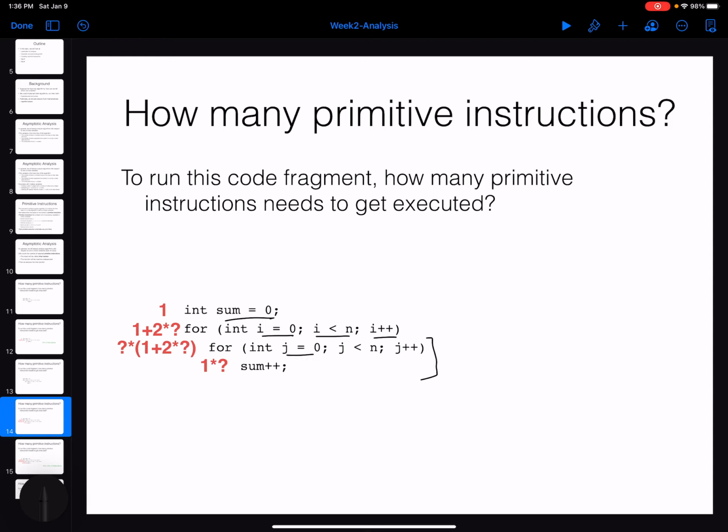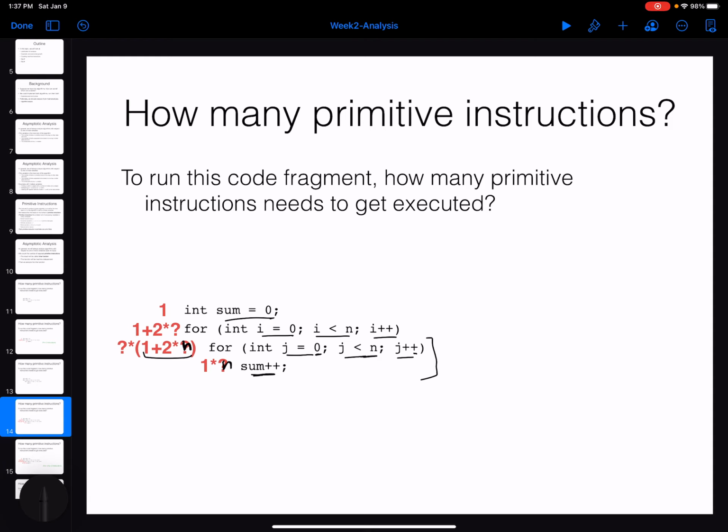One initialization here, comparison, increment, because you started from 0 and you increment by 1, so the number of iterations here is going to be n. So basically I can write n number of iterations there and n number of iterations for the increment.